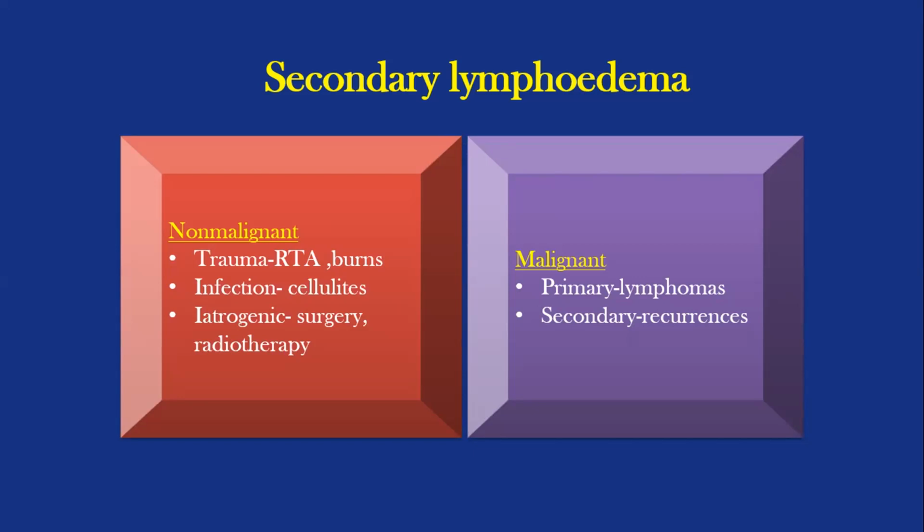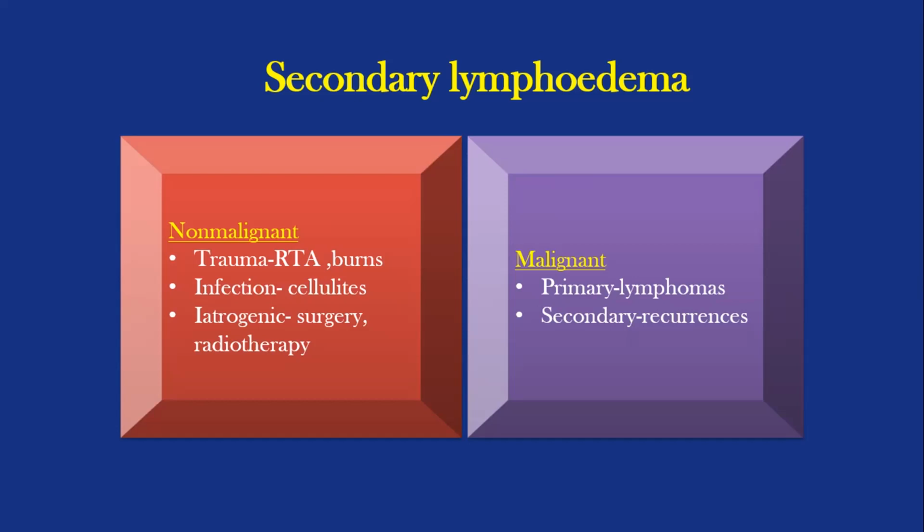Then infections: frequent and continuous infection like cellulitis can also cause lymphedema. And iatrogenic causes, such as surgery or radiotherapy. If a person develops a tumor in the breast, whenever the surgeon removes the breast, we also remove the adjacent nodes.